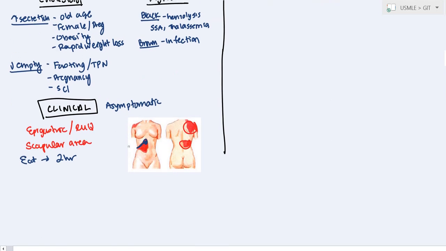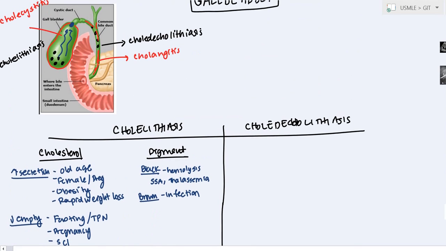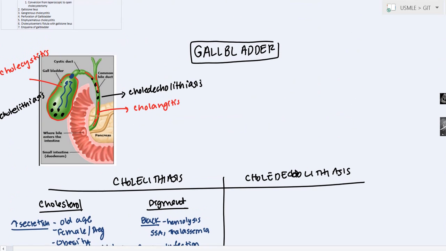Now, what kind of investigation would you do? Let's write that in here. So next would be the different investigations you'd want to do. You'd want to do an ultrasound. That is your first choice method. Do I have a picture here? Yeah.